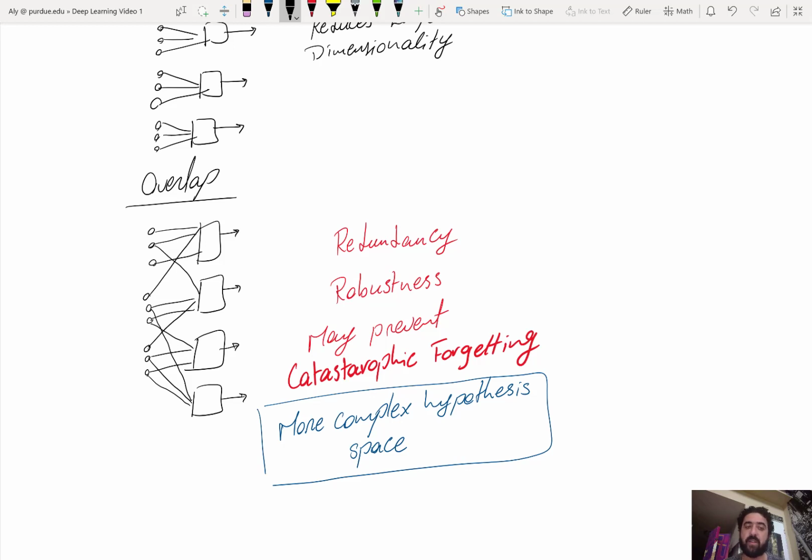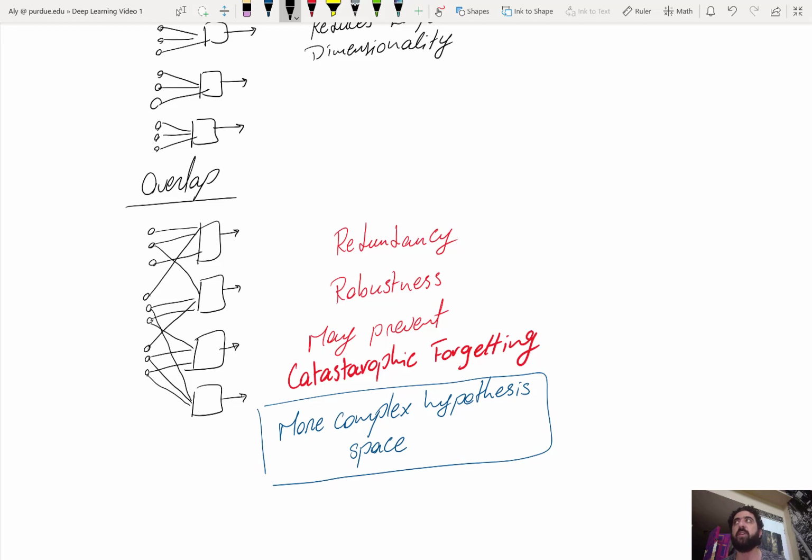Now this overlap structure can add robustness and can prevent what's called catastrophic forgetting. Catastrophic forgetting is simply a phenomenon that refers to permanently forgetting something that was learned during training. So maybe in the 10th iteration there is some concept that we learned, some of these units have learned to detect a certain feature, and then by iteration 20 we completely forgot that information permanently.